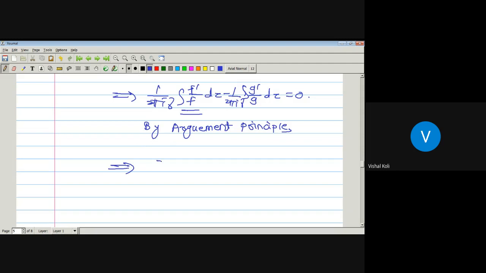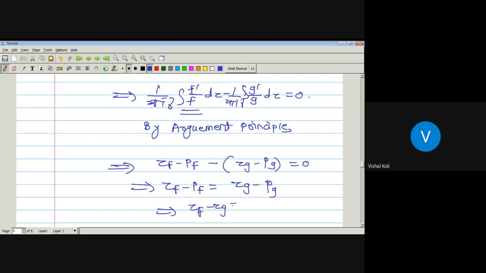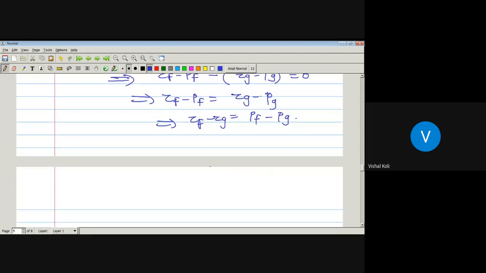So it is nothing but Zf minus Pf, minus of this one, which is nothing but Zg minus Pg, and which is equal to 0, which implies Zf minus Pf is equal to Zg minus Pg, and this can be written as Zf minus Zg equal to Pf minus Pg, and that is what we have to do, and hence the required result. Okay, and that one is nothing but Cauchy's theorem.